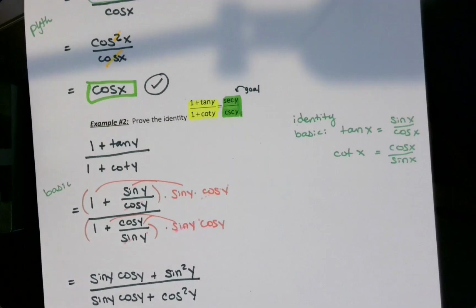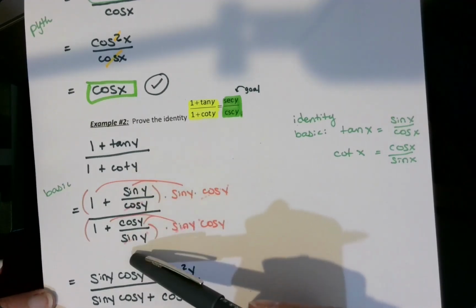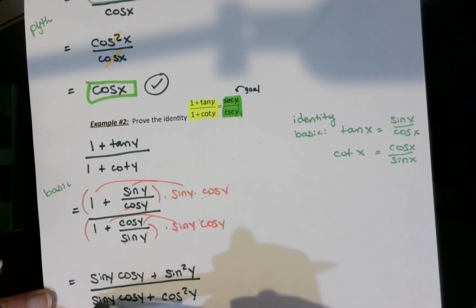So distributing allowed me to get rid of the fraction, but I might now want to refactor this.